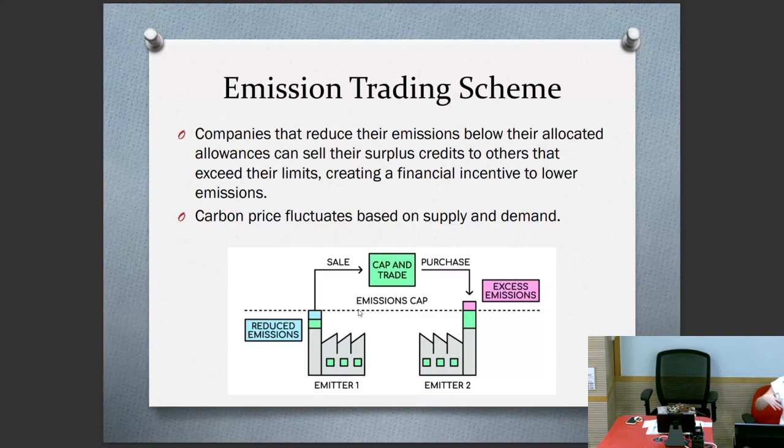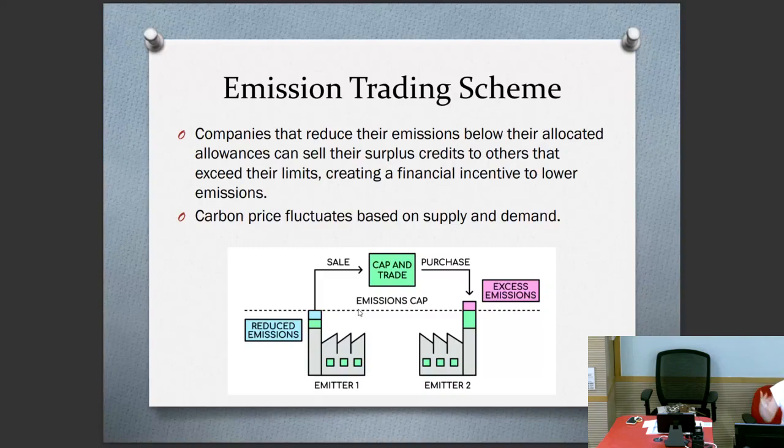But if another year the government lowers the cap, such that every organization has limited credits, then they have to find ways to reduce their carbon emissions, or they have to buy from the market. If many organizations want to buy credits from the market, then the price of the carbon will be more expensive.